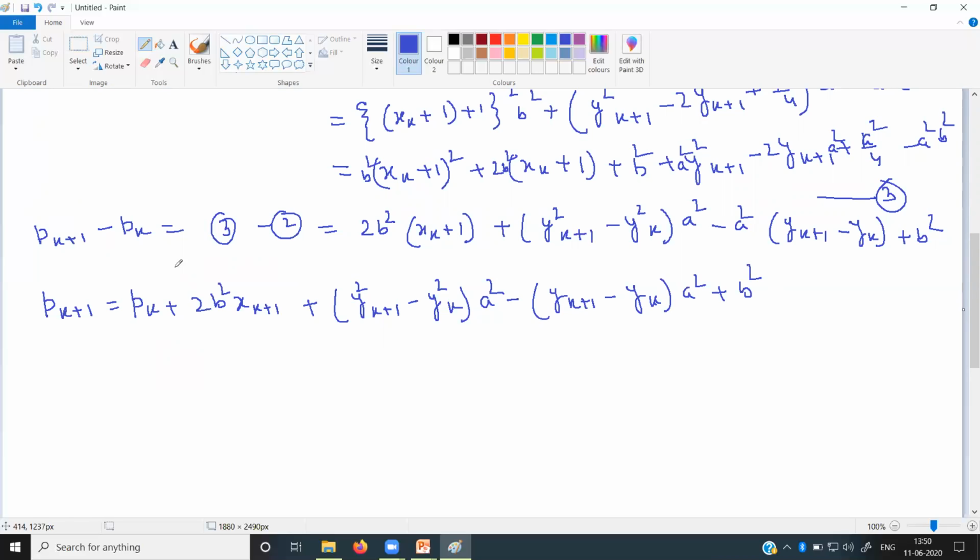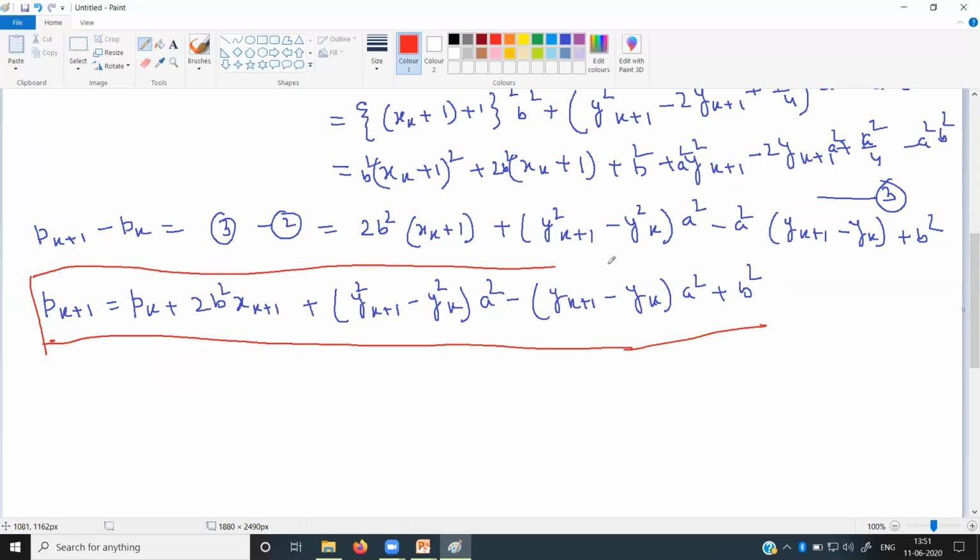Okay. So this is our final decision parameter, say it is equation 4. Based on this decision parameter we can decide what will be the points on the circle for region 1.